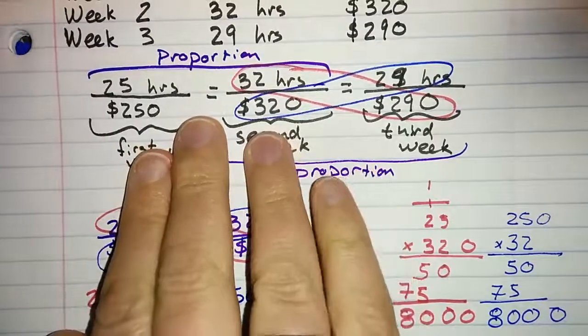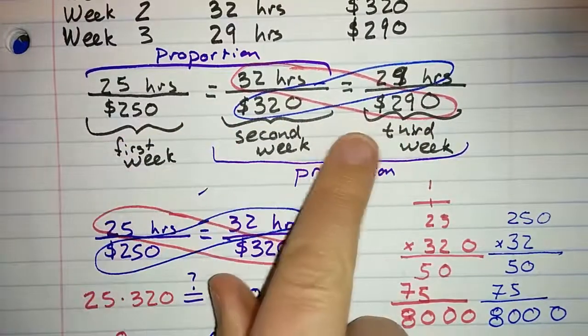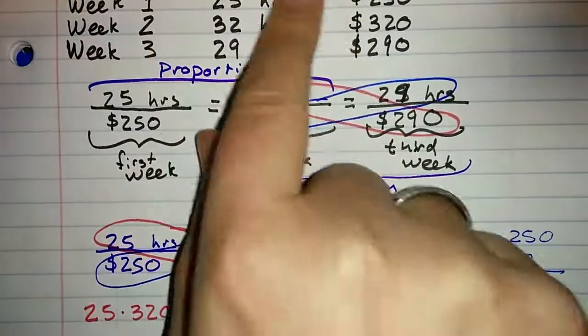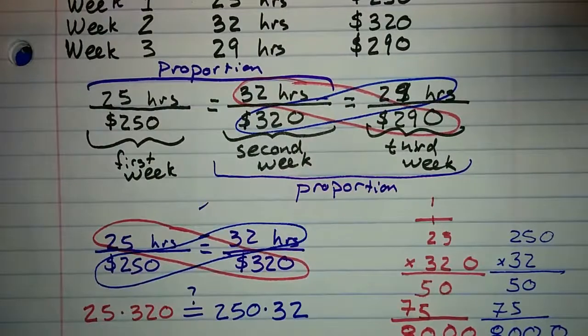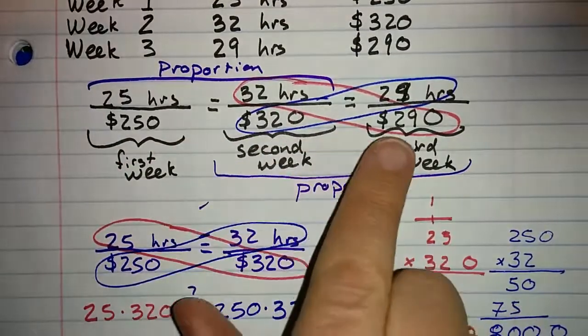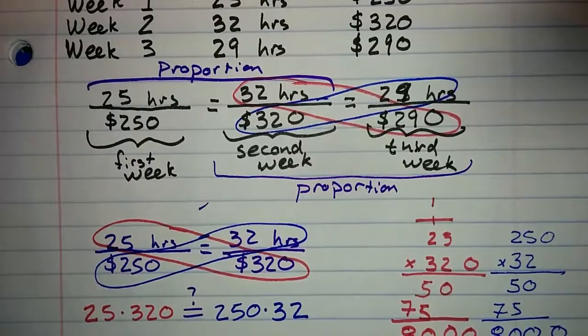So the first proportion is true, the second proportion is true. All three of these ratios are equal. So just like the story told us, these three quantities are proportional. Notice, when we wrote down these three ratios, they had to be the same ratios.